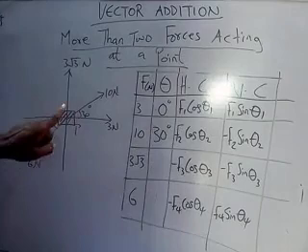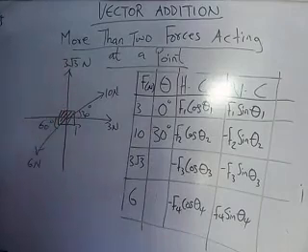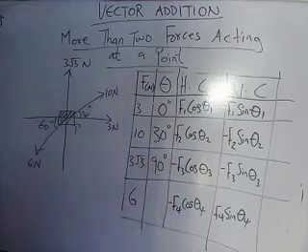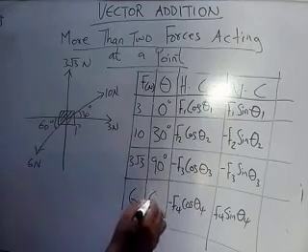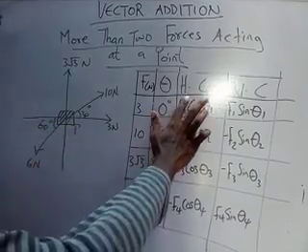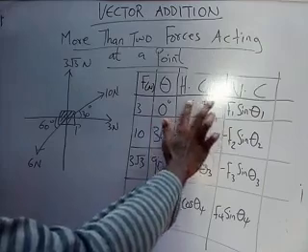Yes, this is aligned vertically, so it's 90 degree. But this is 60 to the horizontal, 60 degree. Hope you are with me. If you have done this, the rest are history.